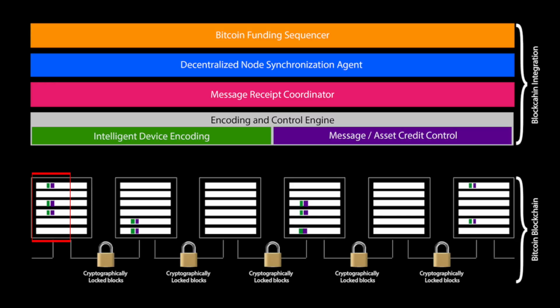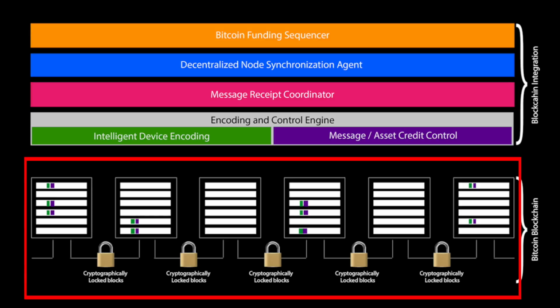This provides fault tolerance because system state can be recreated from the Bitcoin blockchain, providing a fully decentralized, reliable system. All messages are cryptographically signed and encrypted from point of origin to point of destination, and proof of delivery is also provided by Catenis. When the message is delivered, a delivery receipt is generated, which is sent back to the device it originated from. The delivery receipt is logged to the Bitcoin blockchain as irrefutable proof.